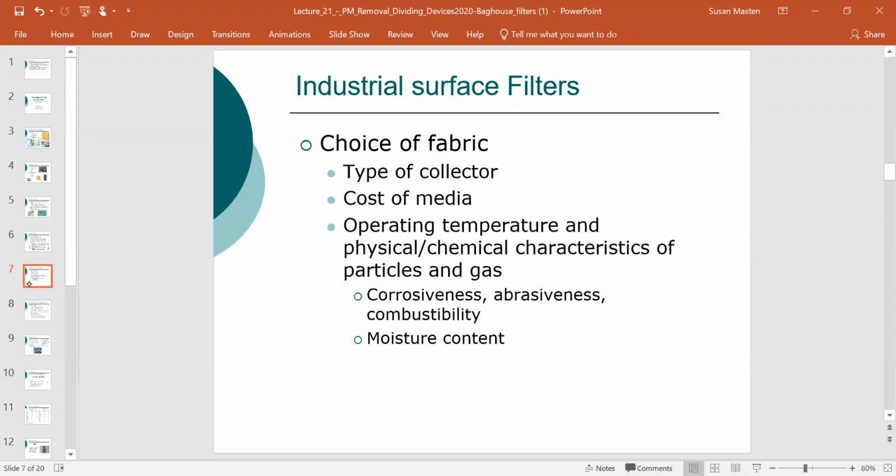The other issue really is temperature. One of the problems is that if we have a lower temperature, less than 100 degrees C, we can get condensation on your filter. You're going to have water.